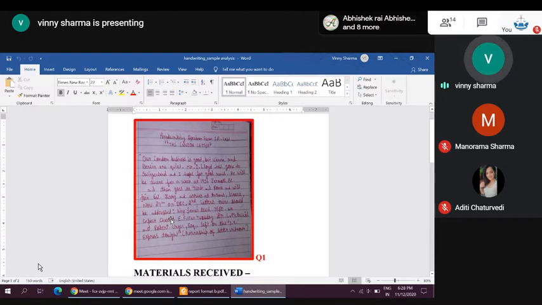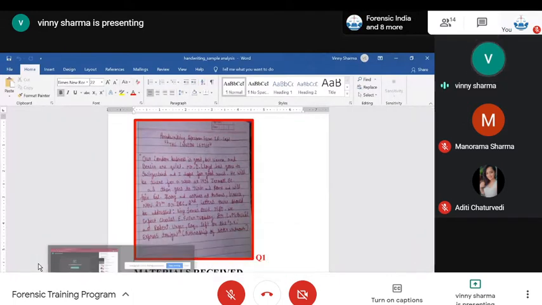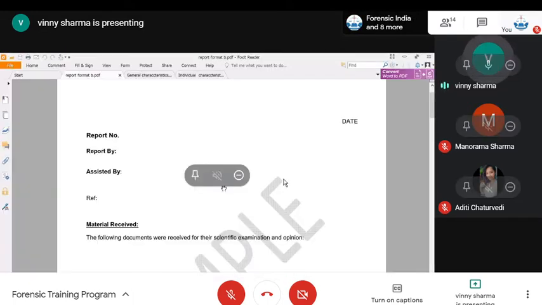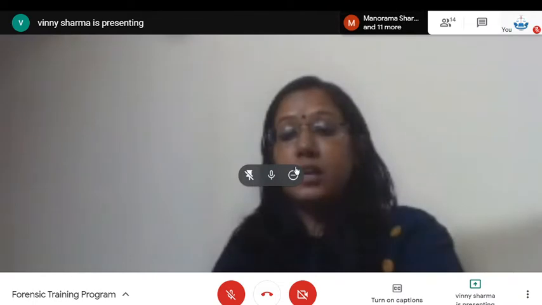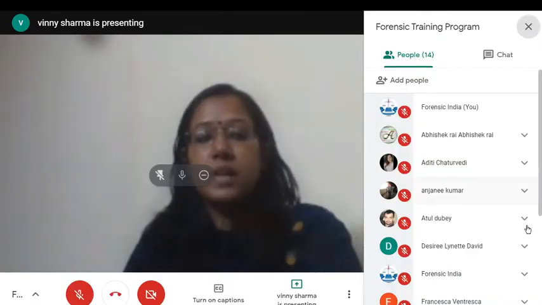Requested and specimen are synonyms to each other, and the admitted and non-requested are synonyms to each other. Okay, so this is the first step that you should perform, and then you can see that this is a sample report that I have been using for the past, I think I can say, around 7-8 years now. So this is the standard format that I have used.